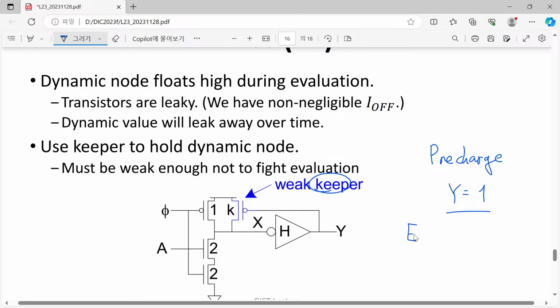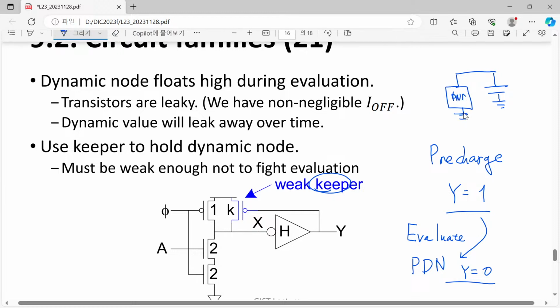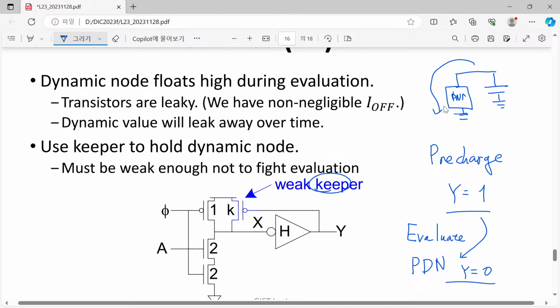After that, in evaluation, our basic assumption is that only the pull-down network can discharge our Y value to 0. There is only one single mechanism. So it's like this: here we have an already fully charged node and the pull down network. That is the way to discharge our output value.